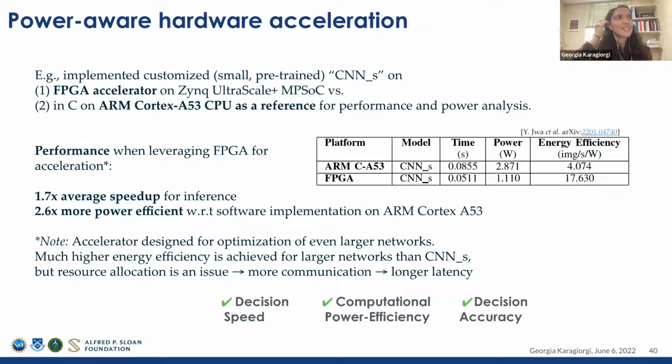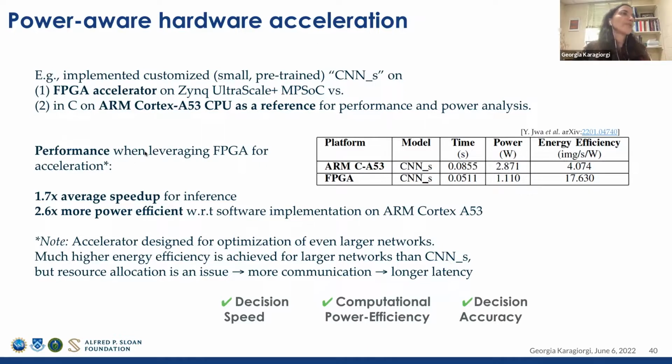So as a first step, we partnered with collaborators in computer science here at Columbia, and we explored that same small 4-layer network that I mentioned earlier on a system on chip that employed both FPGA and CPU resources, and compared the power efficiency and energy efficiency between the two for the same algorithm and execution.